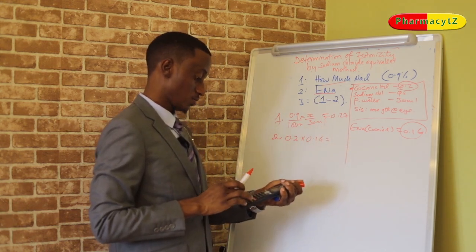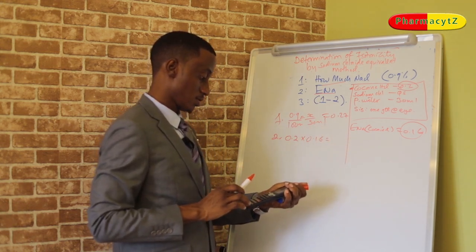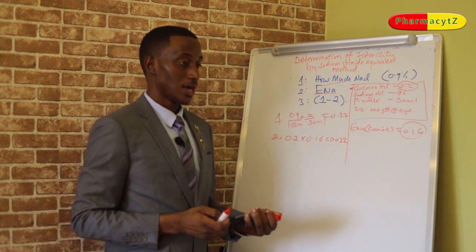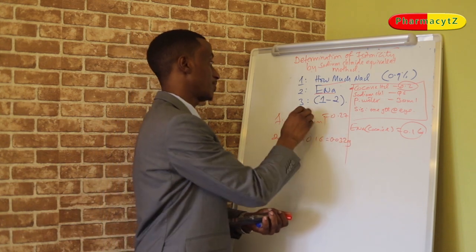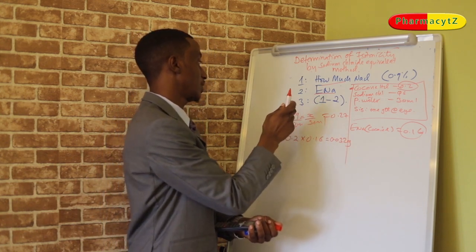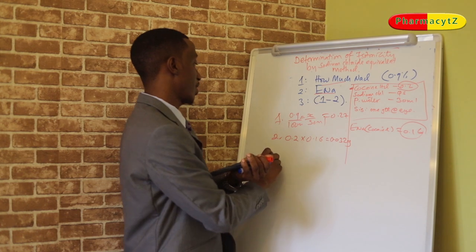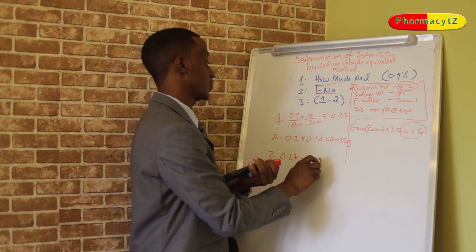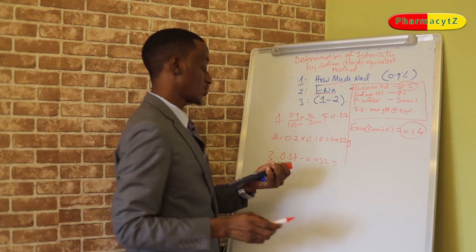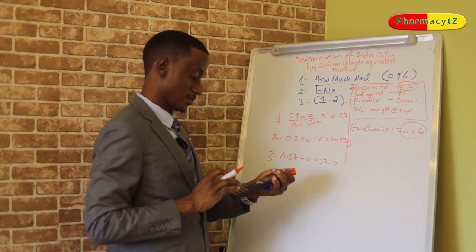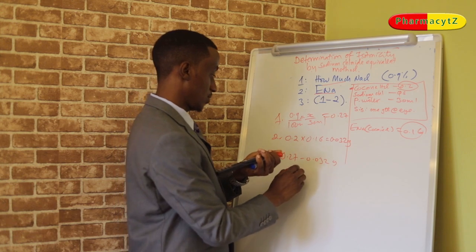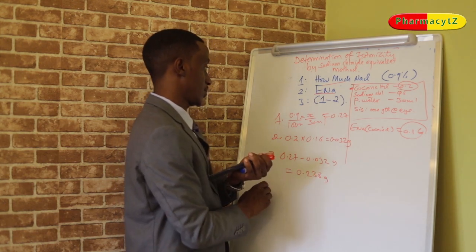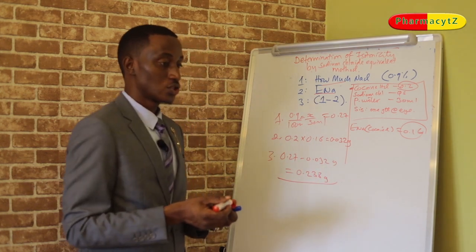So this is 0.2 times 0.16, which is 0.032. After obtaining 0.032, step 3, subtract what you got in step 2 from that of step 1. So take 0.27 minus 0.032, and you'll get the actual amount of sodium chloride. This is 0.238 grams.